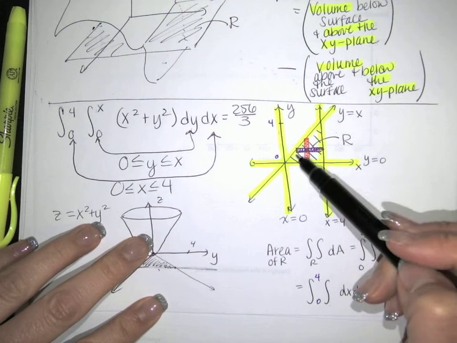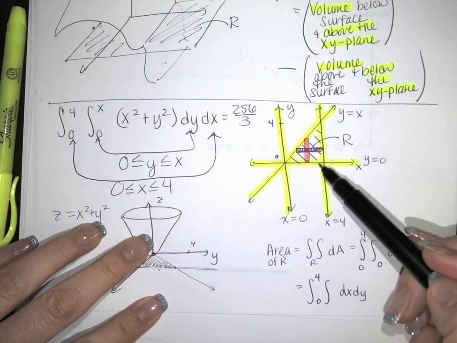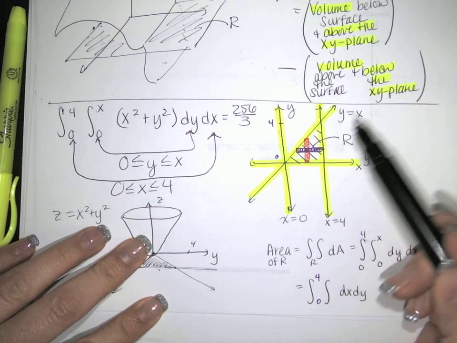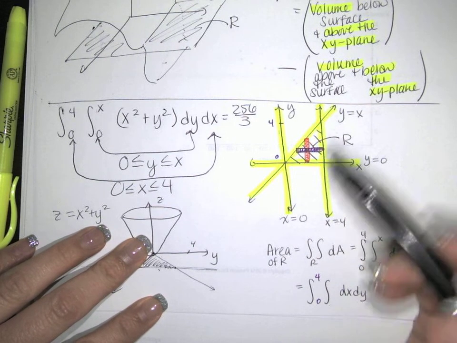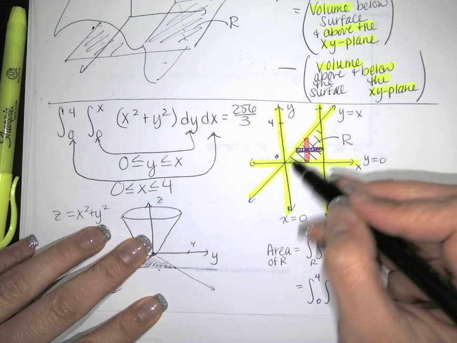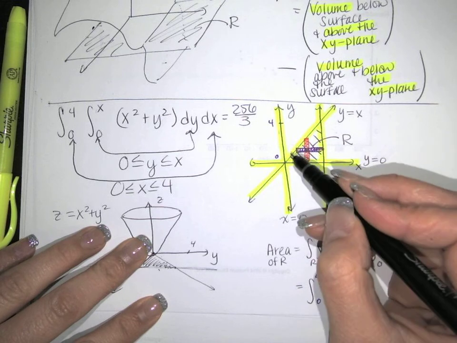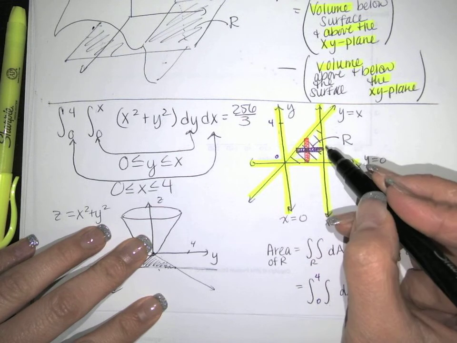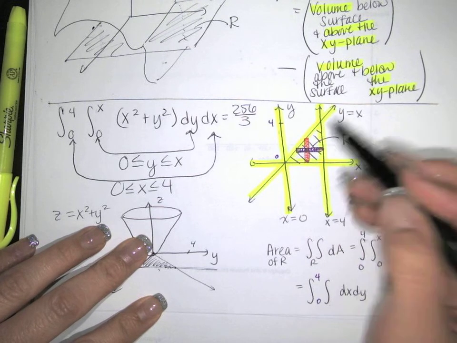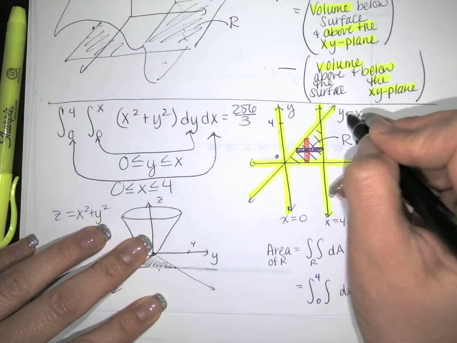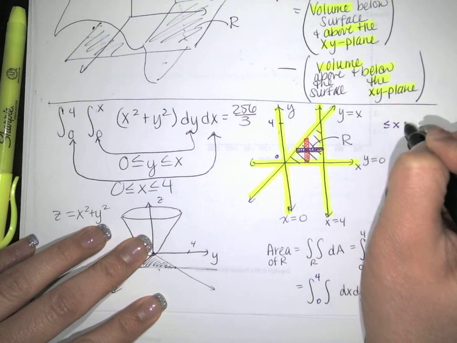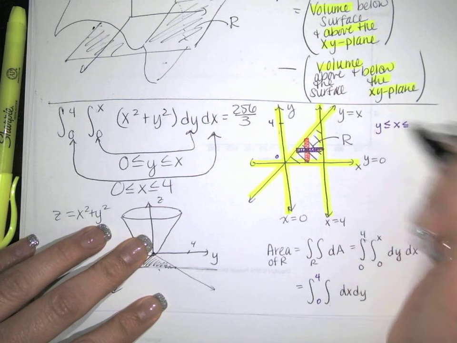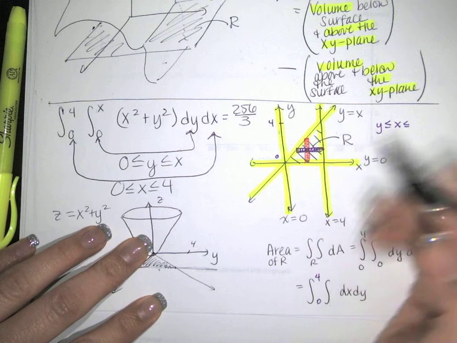And x goes from this function to this function. The smaller x value is on the left, so this is going to be x on the left to x on the right. It's left to right. X on the left is x equals y. So x is between y on the left and 4 on the right.